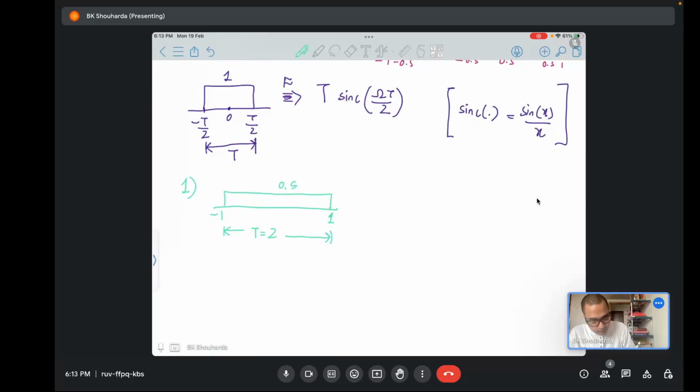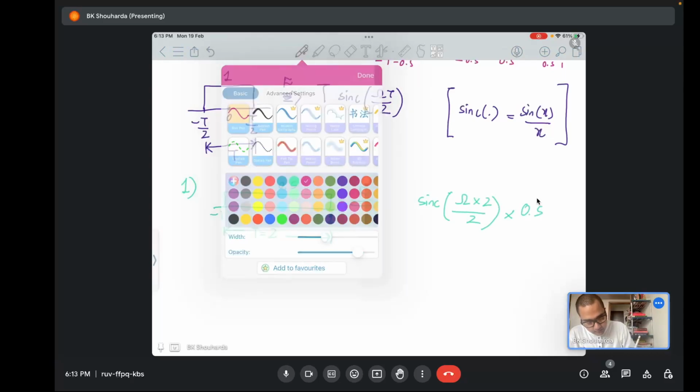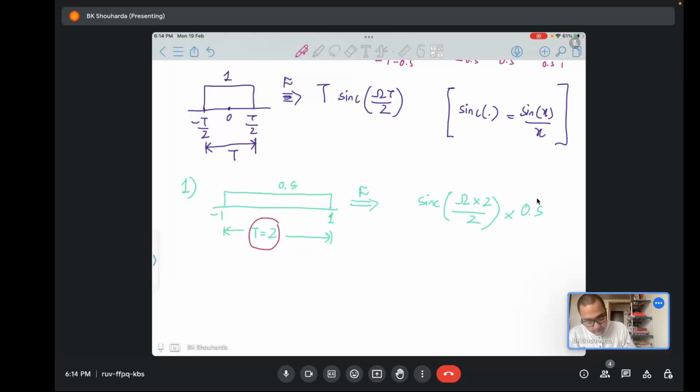So what will be its Fourier transform? T sinc(omega T upon 2) times 0.5. Let us note each term. T equal to 2 is the width of the pulse, I am using this over here. The amplitude of the pulse 0.5 reflects directly over here. That's it.